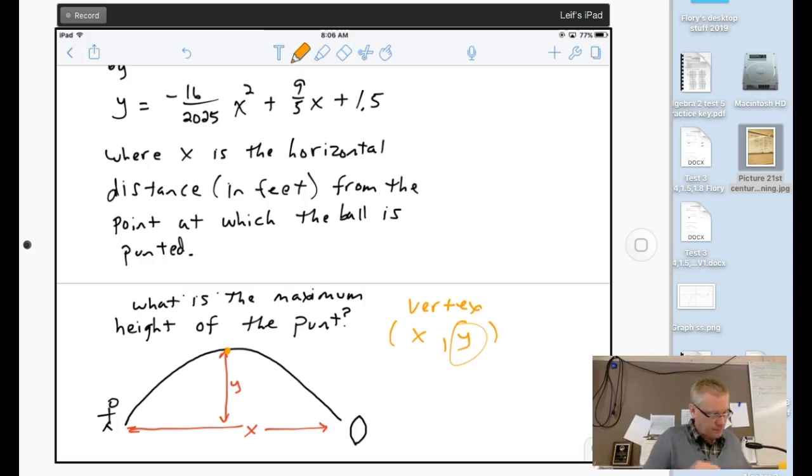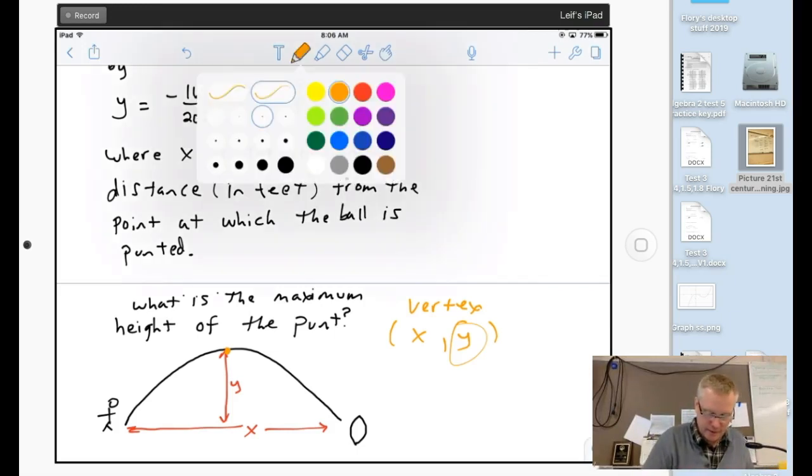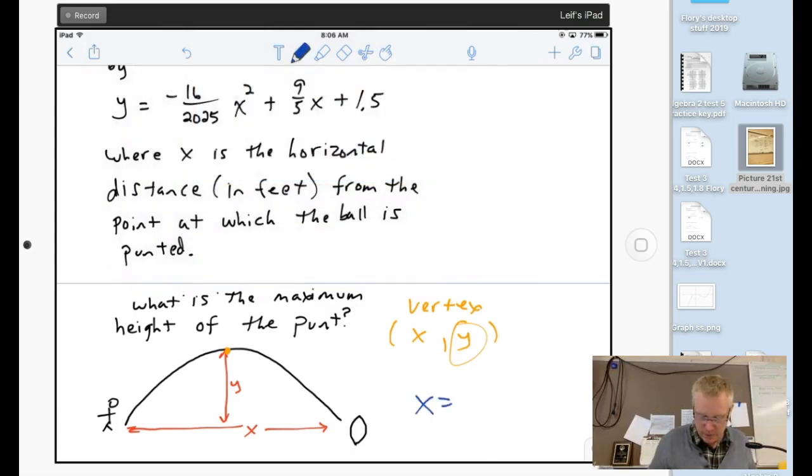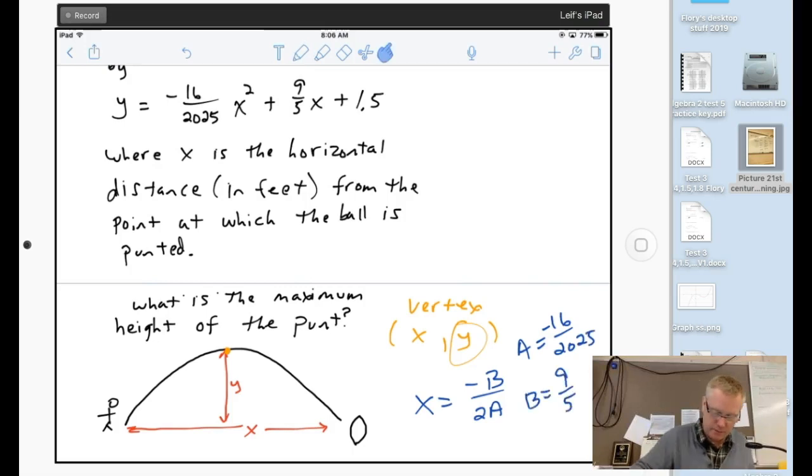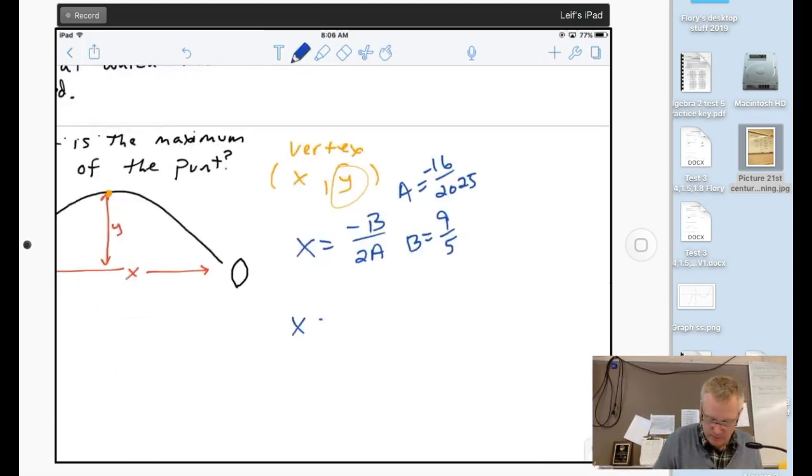All right, now this one seems like kind of a nightmare because of those fractions, but let's take it step by step. So it's standard form, which means I need negative b over 2 times a, where a is negative 16 over 2025. B is 9/5. Okay, so if I plug those in for a moment, I get negative 9/5 over 2 times a, which is negative 16 over 2025.